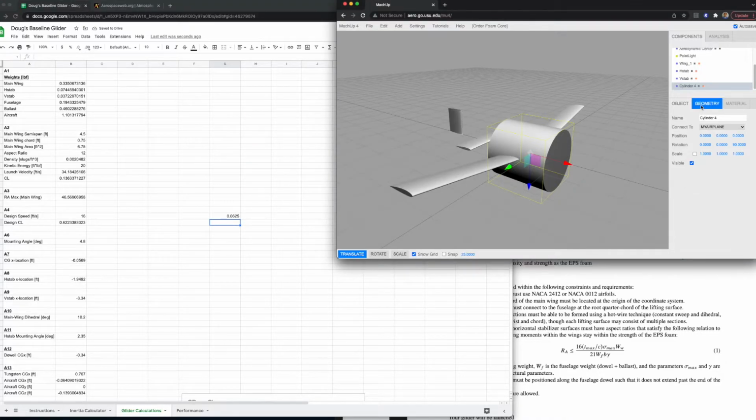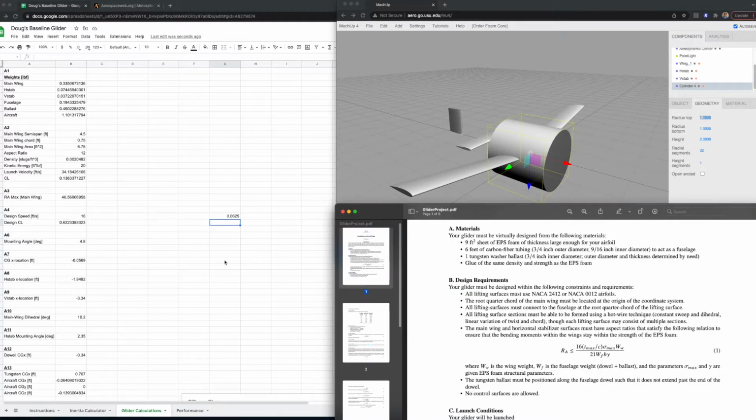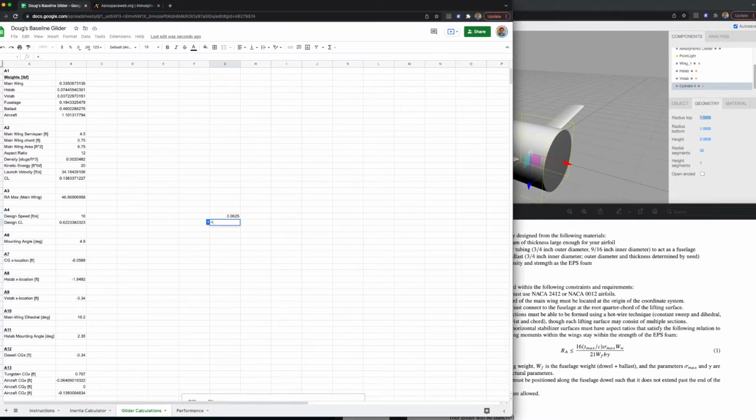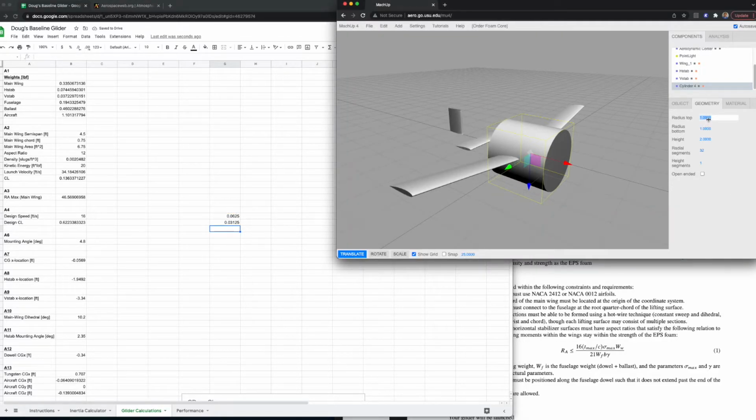Let's go to the geometry here, and it's got a radius at the top and a radius at the bottom. That's in diameter, right? This is 3/4 inch diameter, so I need to divide that by 2 to get the radius. The radius at the top is 0.03125, and the radius at the bottom is 0.03125, and the height of the cylinder is 6 feet.